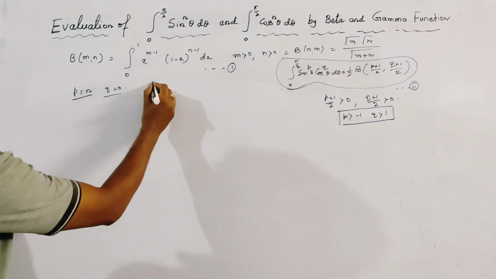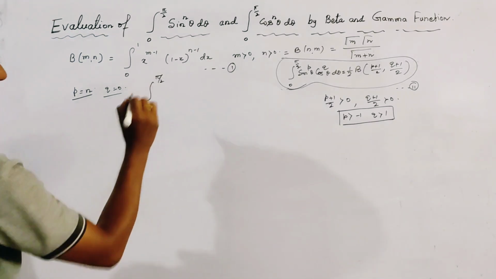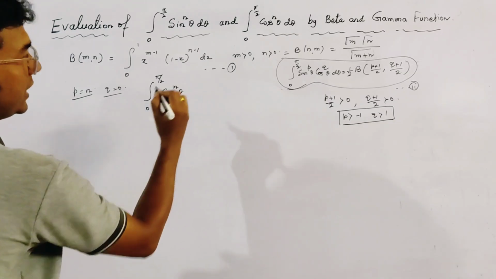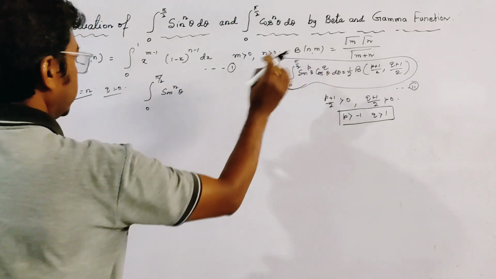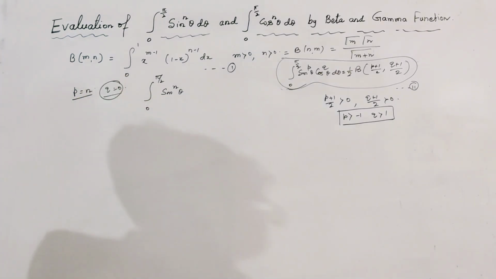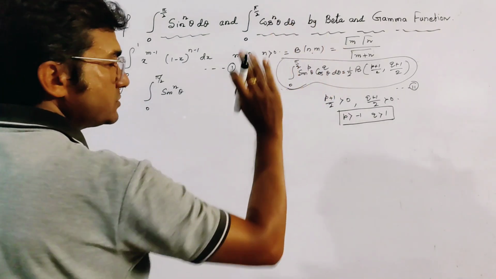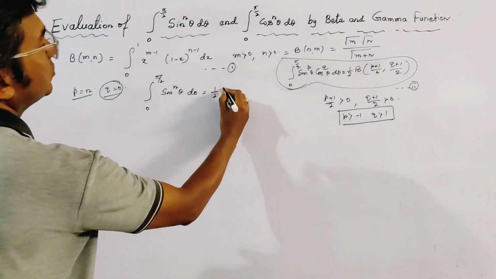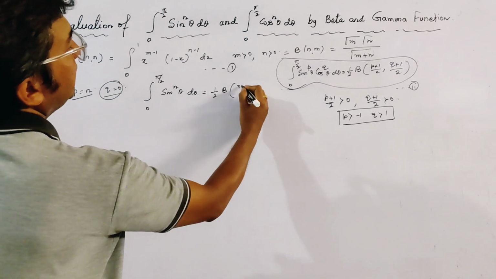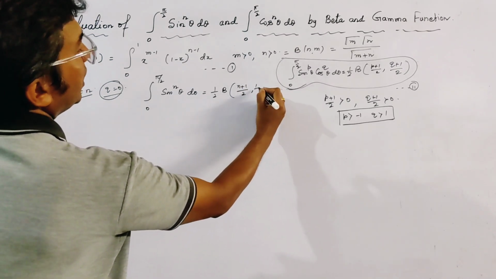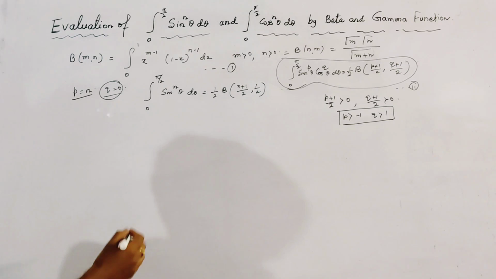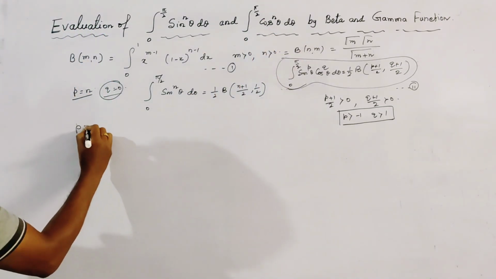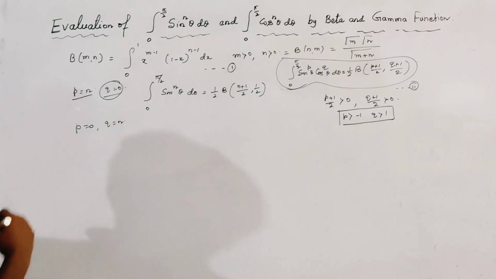Then the left side integral is from 0 to π/2 of sin^n θ cos^0 θ dθ, because we put q equal to 0. So cos^0 θ means 1, that is dθ, and the right side is half times β((n+1)/2, 1/2). And also to find this type of integral we put p equal to 0 and q equal to n.